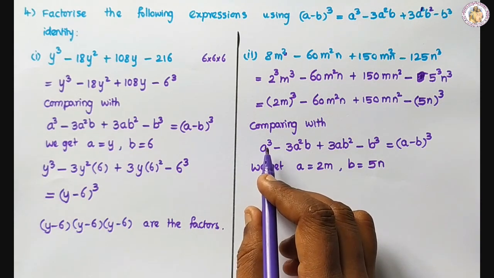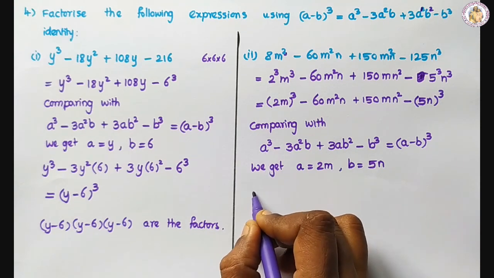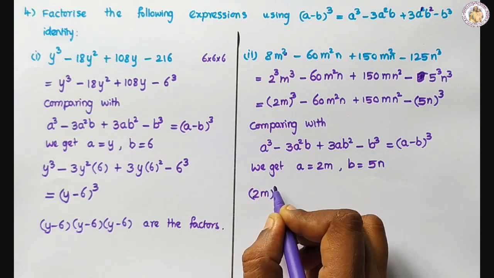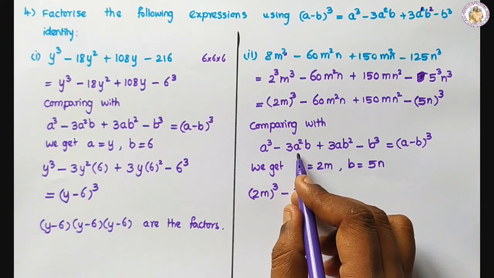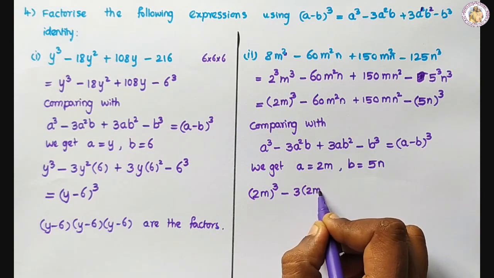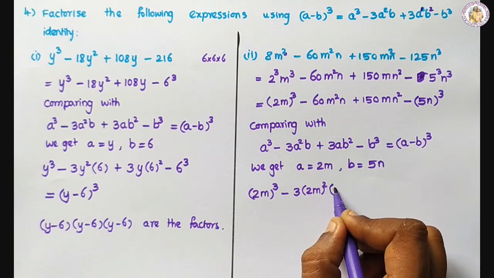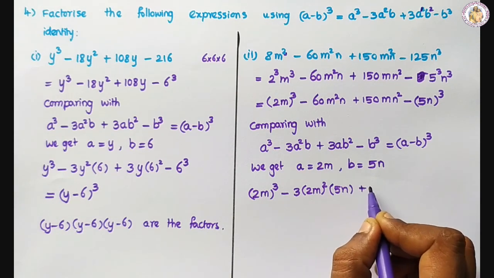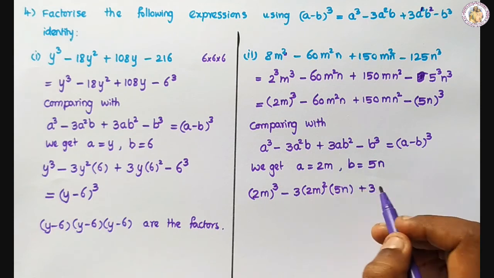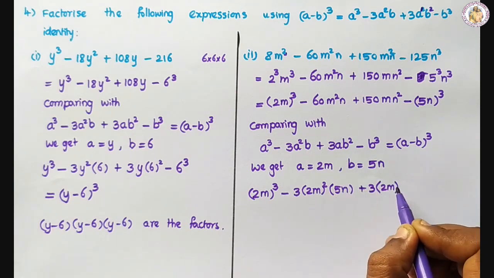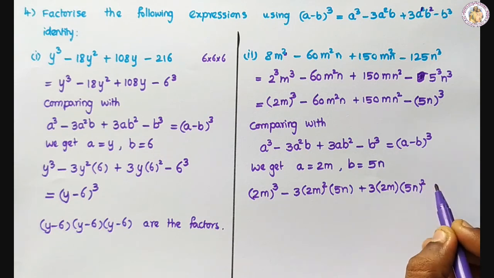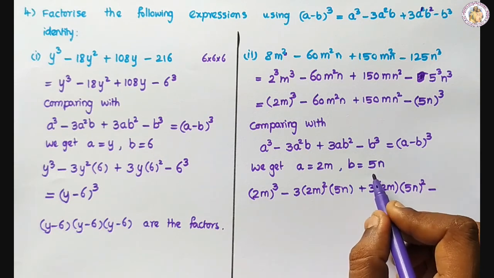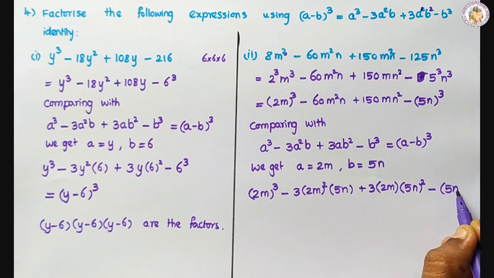Here a cube, that is (2m) whole cube, minus 3 into a squared, that is (2m) squared, b is 5n, plus 3 into a, that is 2m, into b squared, (5n) squared, minus b cube, that is (5n) whole cube.